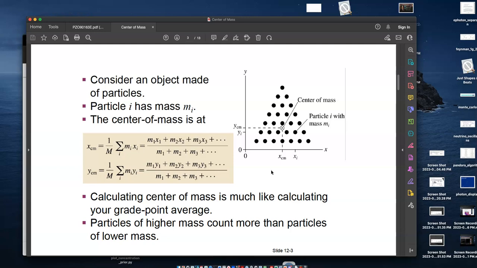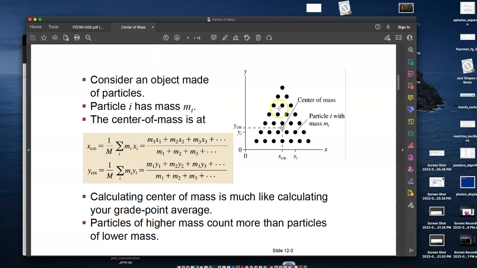To find the center of mass, you want to sum up as many points as you can, and find the average from their x position. So you sum up their mass times their x position.